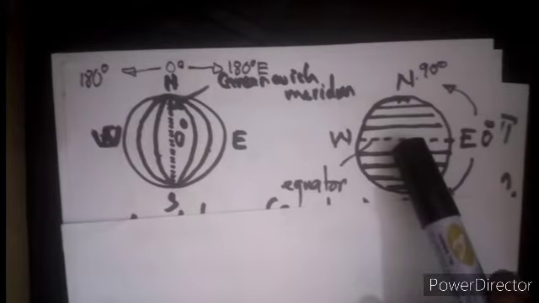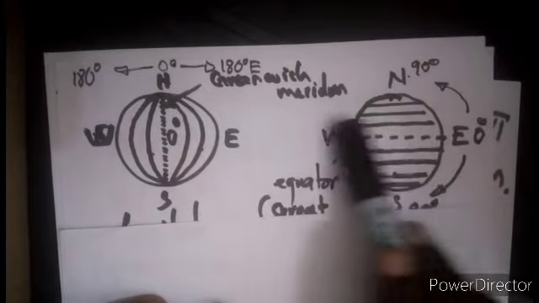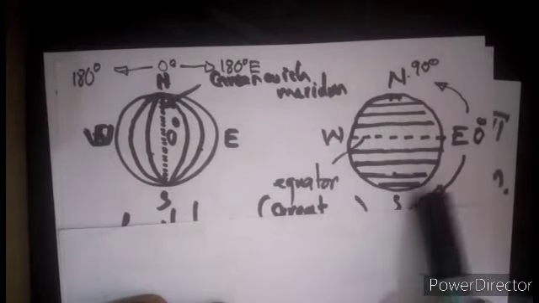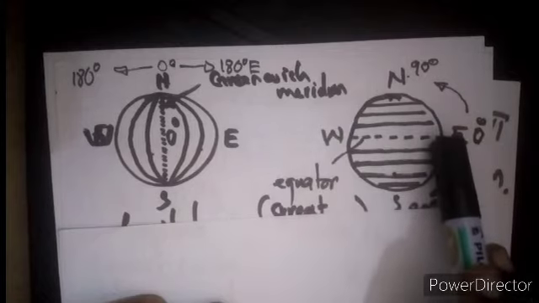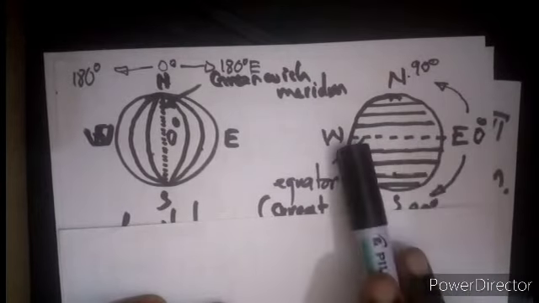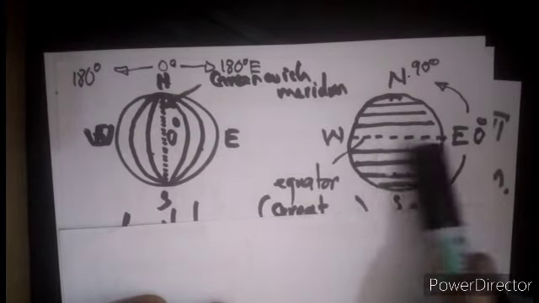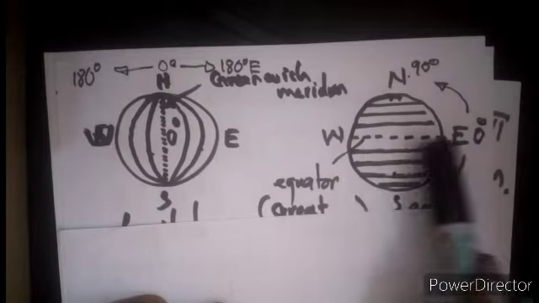Now, the side view for the latitude: we see the latitudes are horizontal lines that cut across the globe, these imaginary lines. And if you look at the dotted line here, this is what we call the equatorial line, and this equator is actually also a great circle.